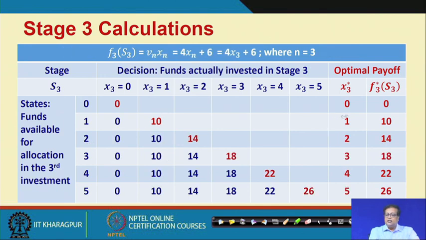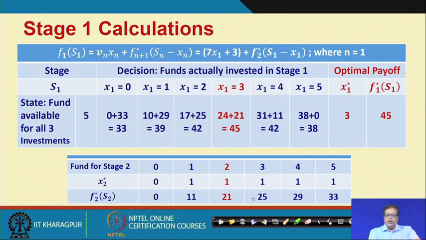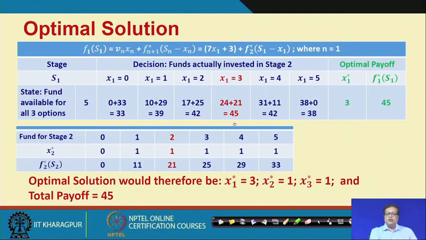That means at stage 3 that 1 gave us 10, at stage 2 another 1 gave 11, plus 10 is 21, and in the final stage the remaining 3 gave us 24, and the whole total we got is 45, right. So that is our optimal solution for this problem: x 1 star equal to 3, x 2 star equal to 1, and x 3 star equal to 1, and therefore the total payoff will be 45.